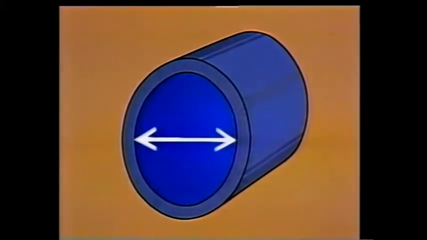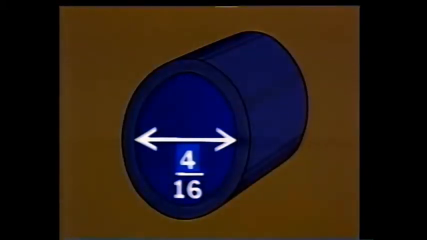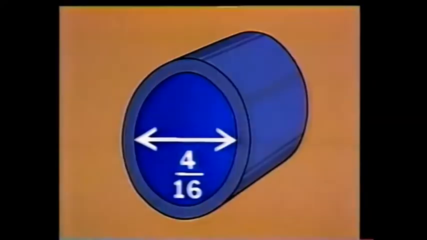This system works by converting the inside diameter to 1/16 of an inch. So, a 1/4 inch inside diameter would convert to 4/16. The numerator, or the top number of the fraction, is the dash size. This means that a hose with a 1/4 inch inside diameter has a dash size of 4.